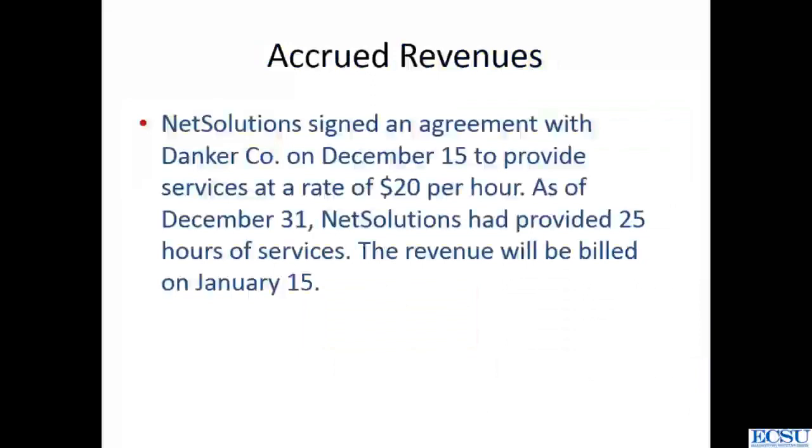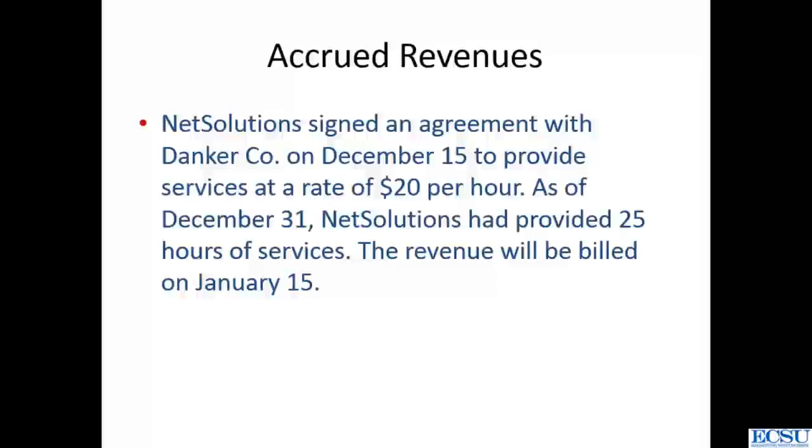Next example is the accrued revenues. Net Solutions signed an agreement with Danker Company on December 15 to provide services at a rate of 20 per hour. As of December 31st, Net Solutions had provided 25 hours of service. The revenue will be billed on January 15th. So now what has happened is we have signed an agreement with another company to provide services at the rate of 20 per hour.